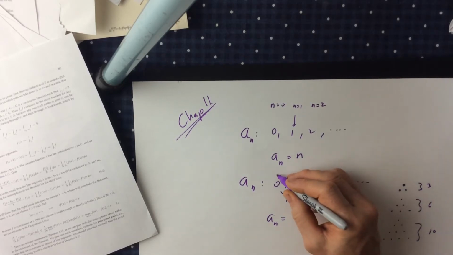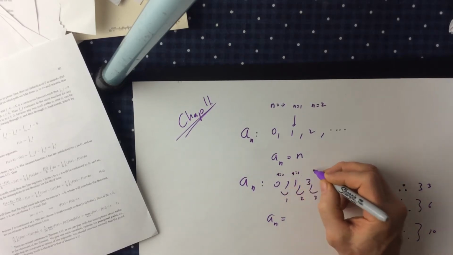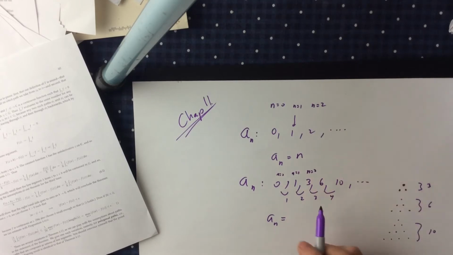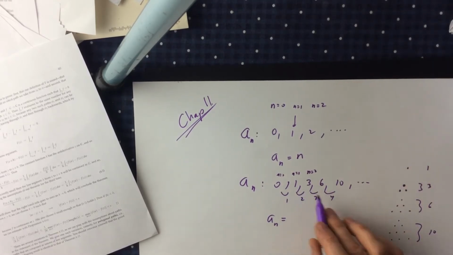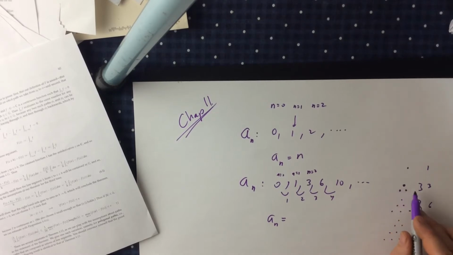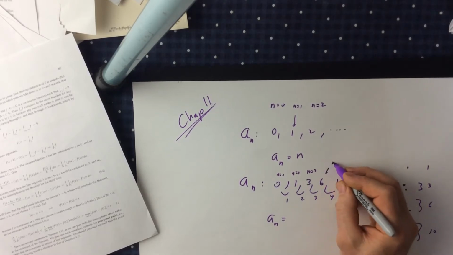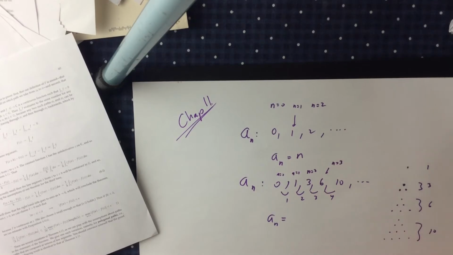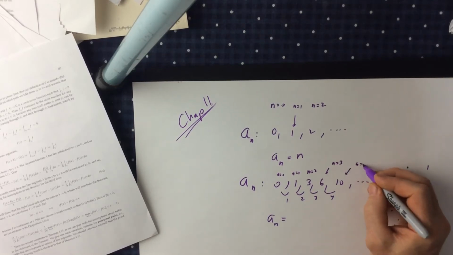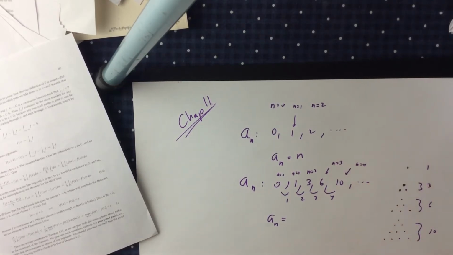So if this is n equals 0, n equals 1, n equals 2, the n equals 1 triangle has 1 row. The n equals 2 triangle looks like this, has 3 dots. And the n equals 3 triangle has 6 dots. And the n equals 4 triangle has 10 dots.